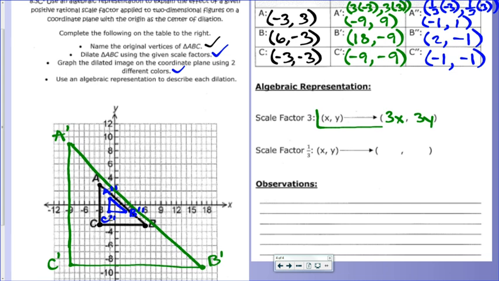So this statement right here is your algebraic representation, your original image to your new image. Okay, we also need to be able to identify if this was an enlargement or reduction. If we're taking our scale factor and looking at it, anything greater than 1 is an enlargement, anything smaller than 1 is a reduction. So since 3 is greater than 1, we call this an enlargement.